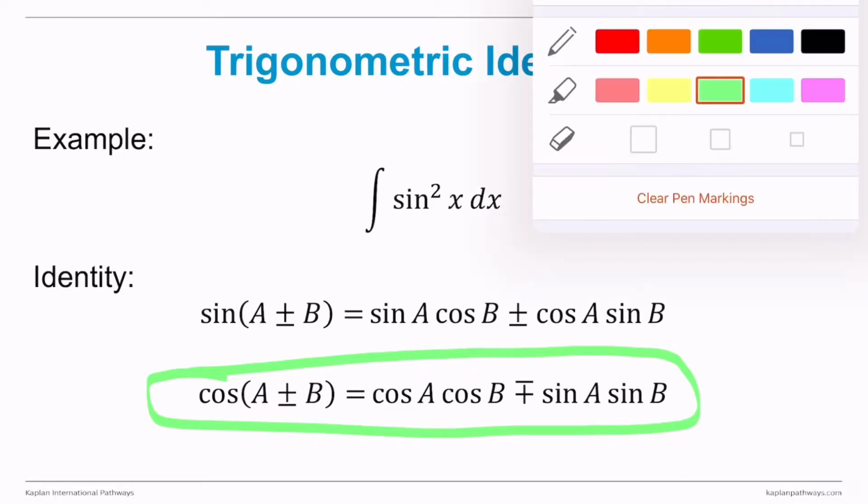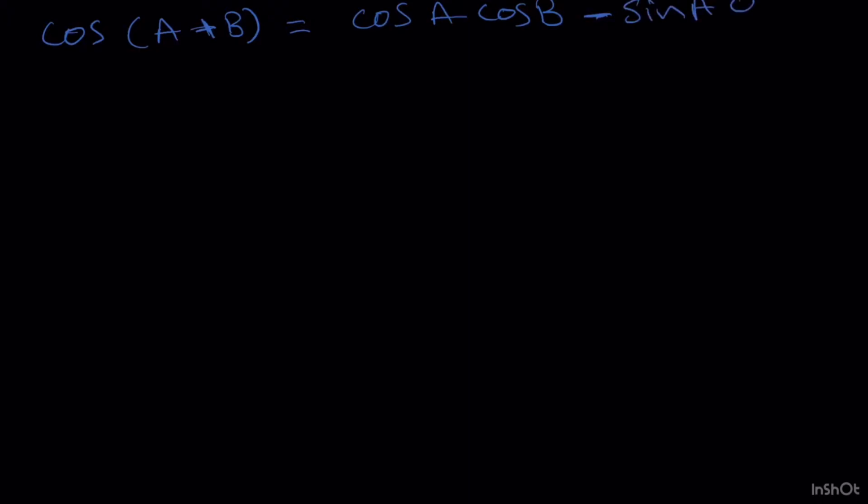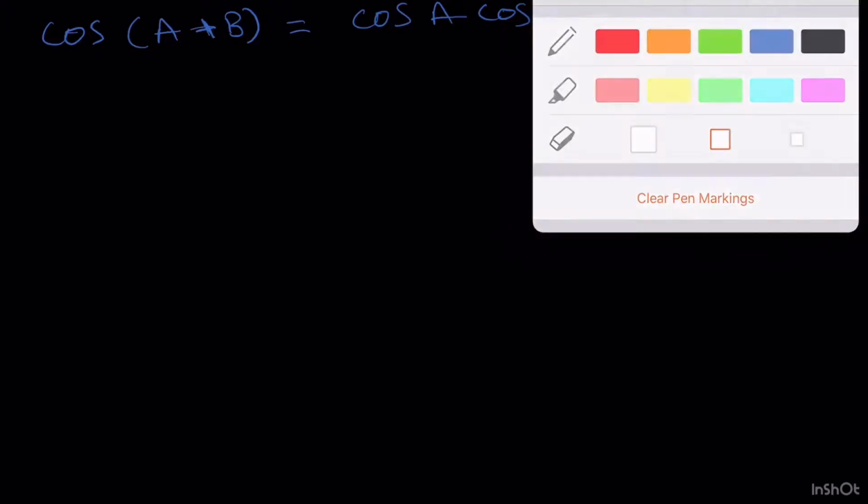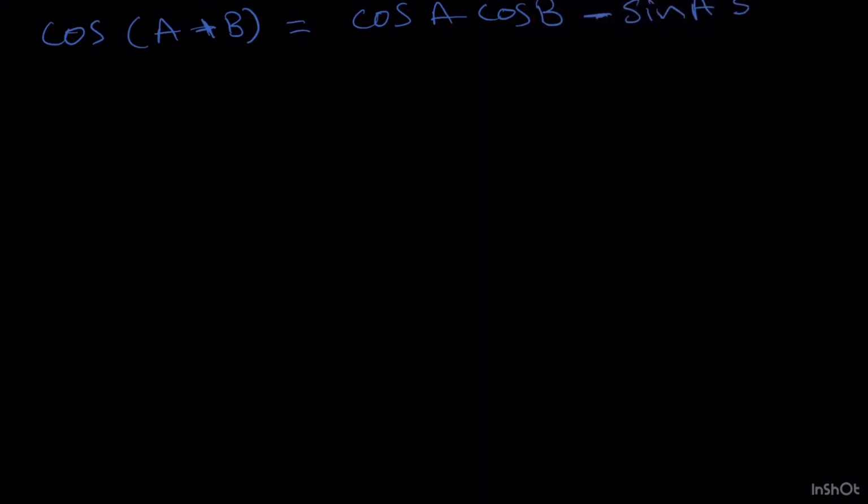As I explained before, let's go to a new one. So if we have cosine A plus B, this is going to be cosine A cosine B. Yeah, if it's plus here, there's going to be minus here. Sine A sine B. Okay, so that's if the two angles are different.